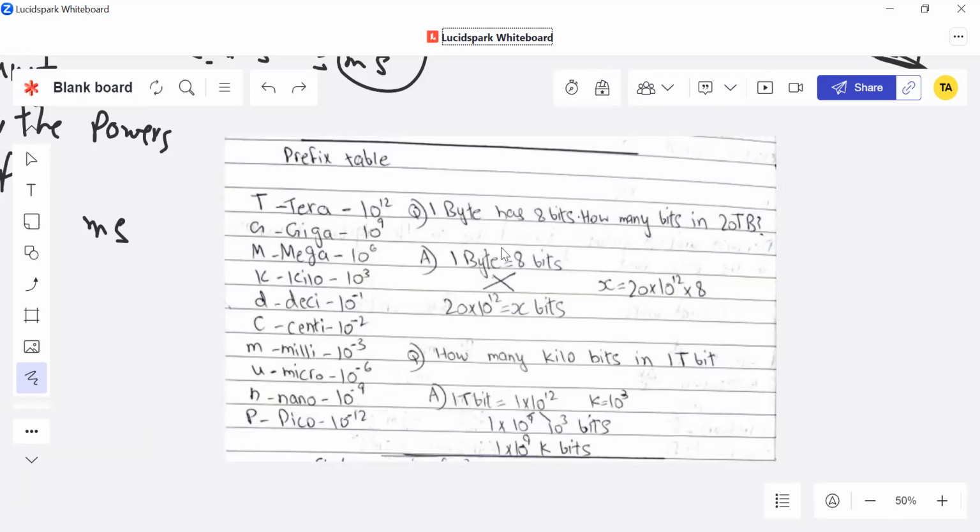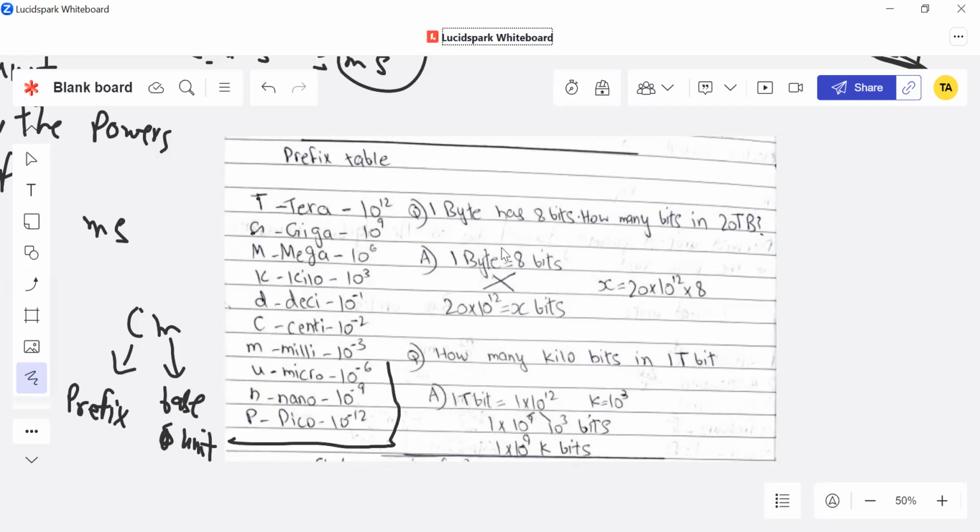So this centi right here is called a prefix, whereas this meter is called a base unit or an SI base unit. So when you add something beside a base unit, it's called a prefix. There are around 10 prefixes you need to know.